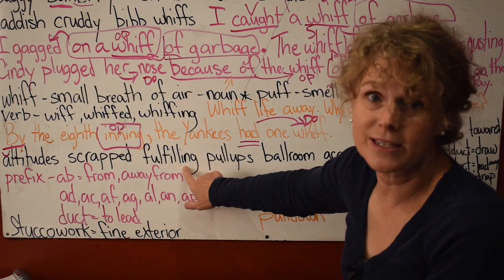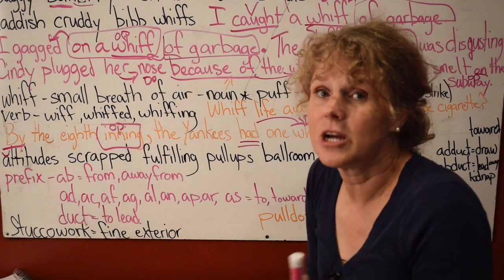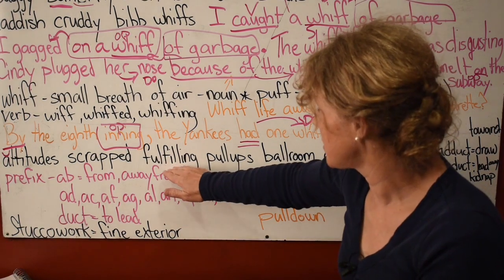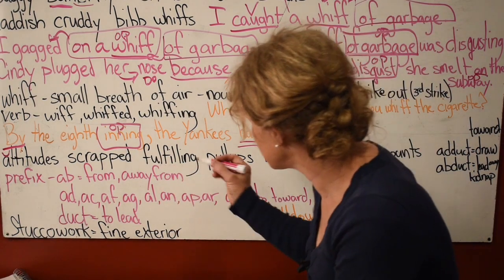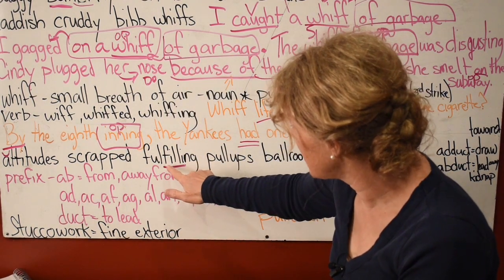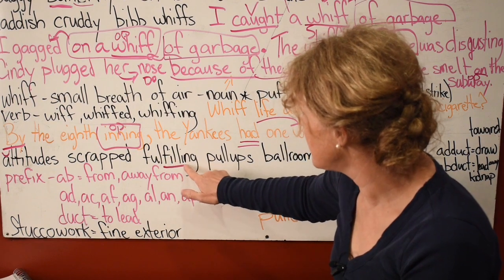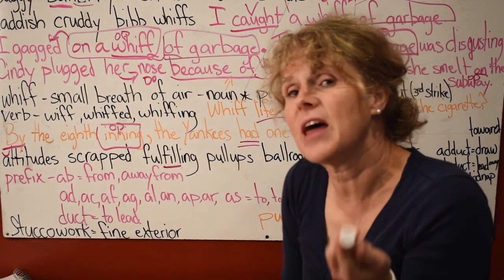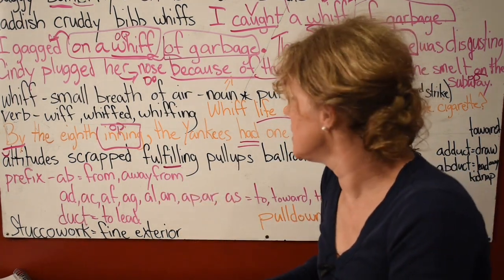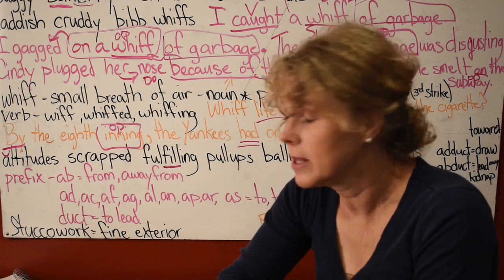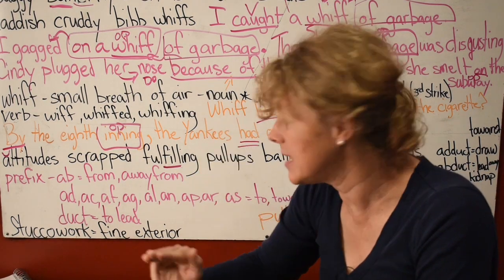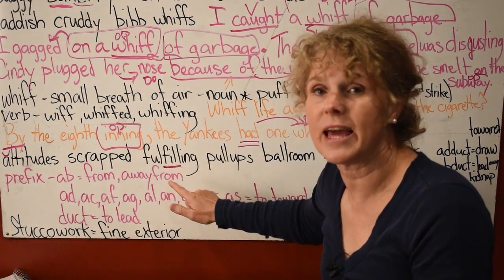I thought this was a crazy, fun word to understand the doubling rule. Now, what is our base word here? Fill is your base word. And you might think, well, it's doubled because, well, here's your base word, F-I-L, and then we have to double it because we're adding on our vowel suffix, but that is not the case in this one. This exactly, Daniel, this is doubled because you have one vowel and it has an L. Remember, F, L, S, and Z, you're doubling it if it has one vowel and it's following it.